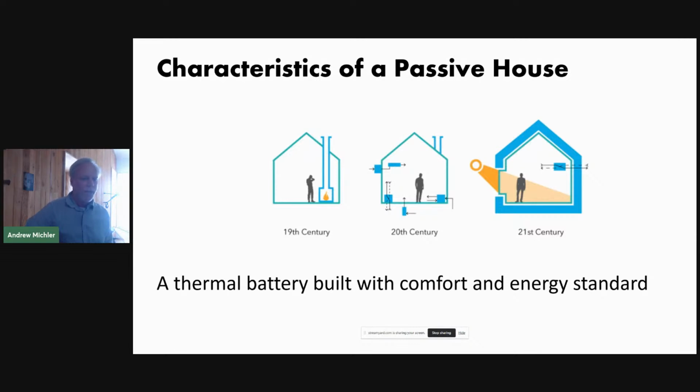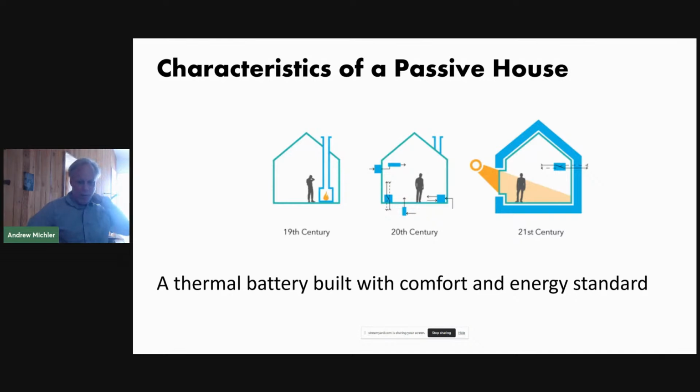Then we put a little more insulation in our buildings in the 20th century, but we also came up with air conditioning, which spread across the United States like wildfire, no pun intended. Then we found out that we could build the same building in Florida as we could build in Montana, right? And that was due to a significant dependence on the mechanical systems in the building.